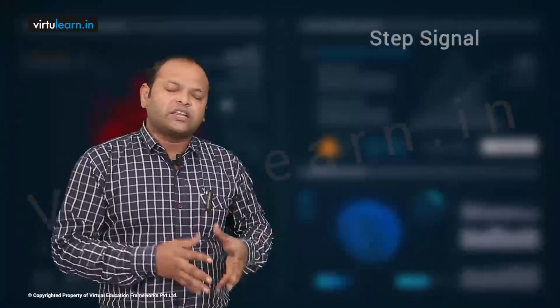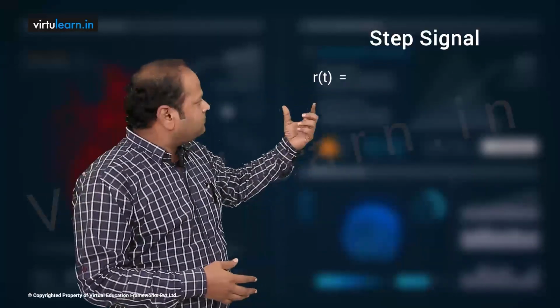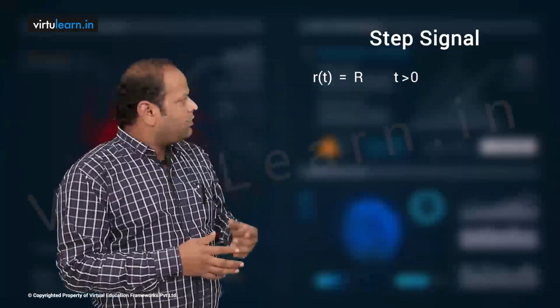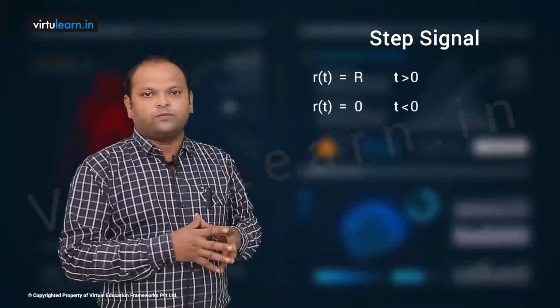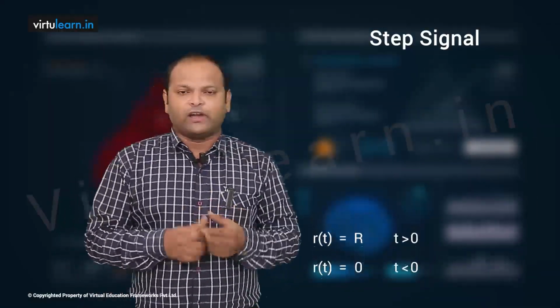Next is the step signal. Mathematically we define the step like this: R of t is equal to capital R when t is greater than 0, and R of t is 0 when t is less than 0. When t is 0, generally the step signal is not defined.